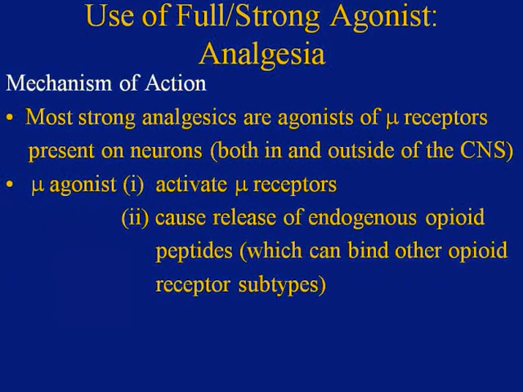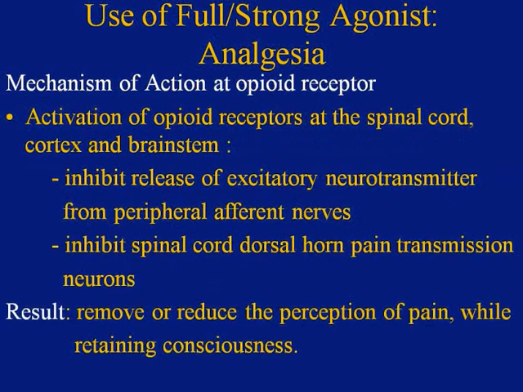Mechanism of action. These are mostly strong agonists of the mu receptors, and they will activate these mu receptors on neurons both inside and outside of the central nervous system. They also cause the release of endorphins, which can then bind other opioid receptors, at the spinal cord, at the cortex, and the brainstem.